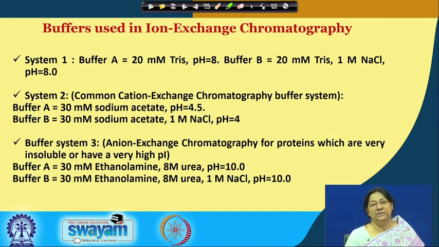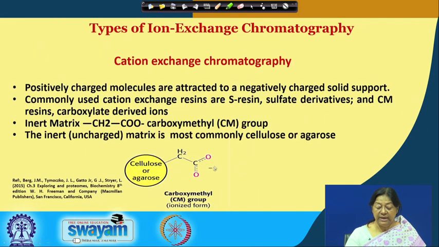What we need to understand now is that when we have the anion or the cation exchange, the protein is bound to the column. In cation exchange, the positively charged protein is attracted to the negatively charged ionized form of the CM group.